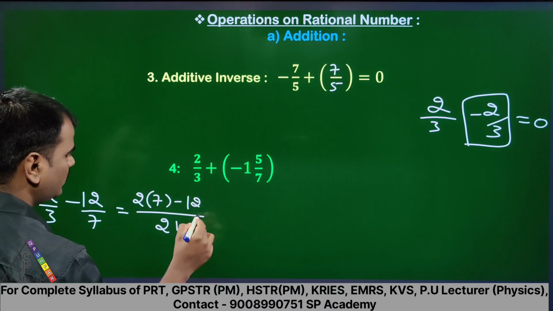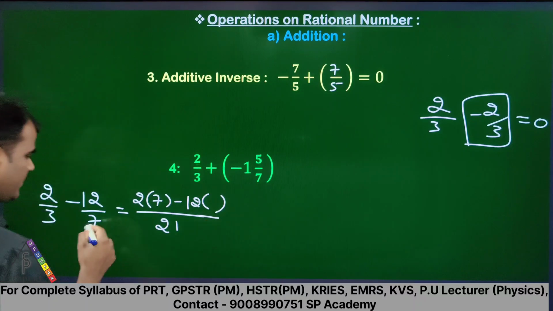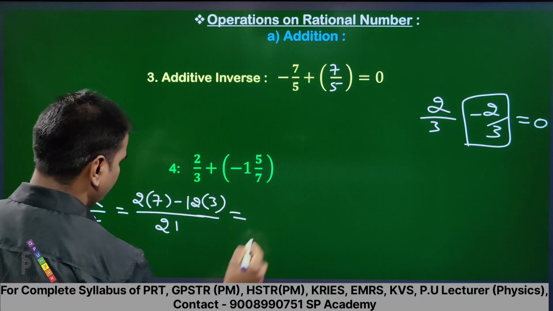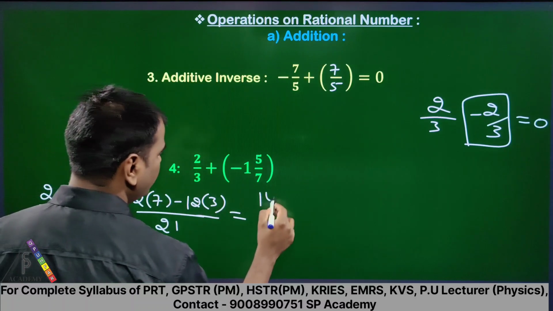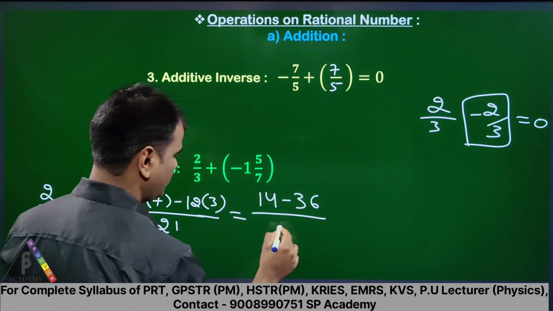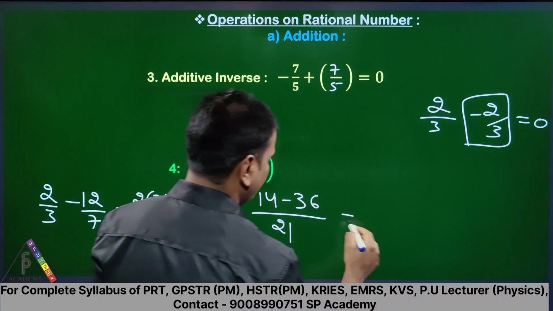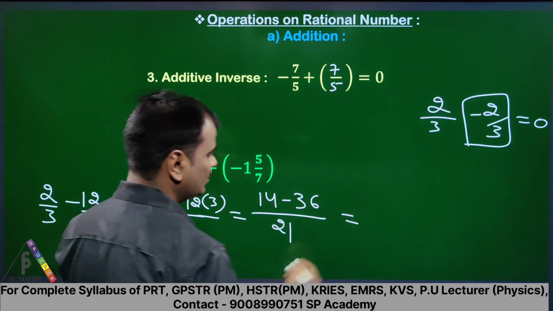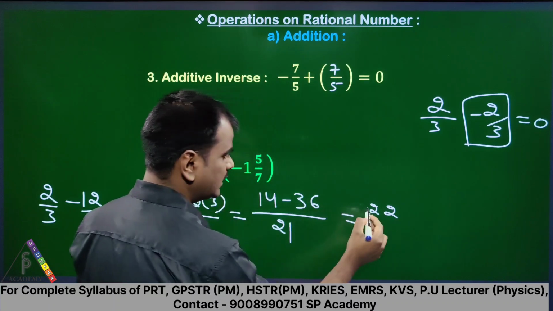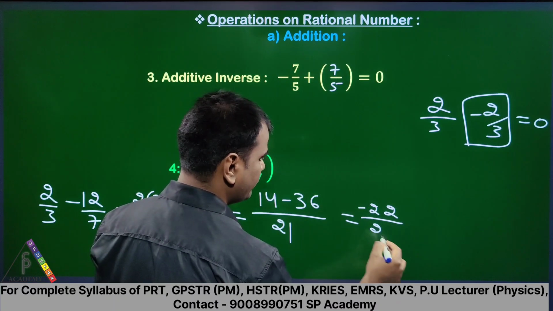Minus 12 you multiply with some number with 7 to get 21, that is 3. Therefore 14 minus 36 by 21. Taking the sign of the bigger number, minus 22 by 21.